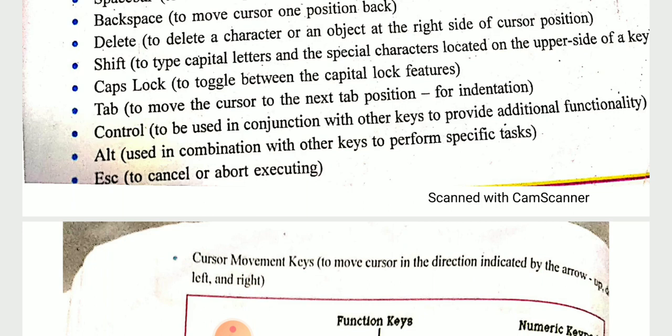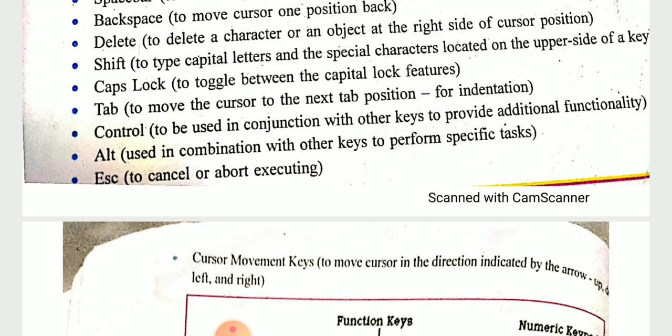Then next, delete key. Delete key is used to delete the data from the right side of the cursor position. Then next, shift key. With the use of shift key, we can type capital letters and the special characters located on the upper side of a key.